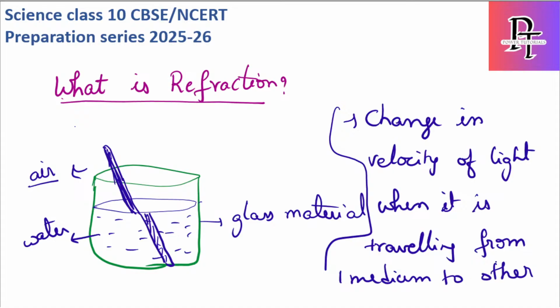So here in this question we can see we had two mediums, air medium and water medium. So the light ray, if it is traveling from air medium to water medium, what is happening? The ray is getting refracted. Refracted in sense the angle is getting changed.